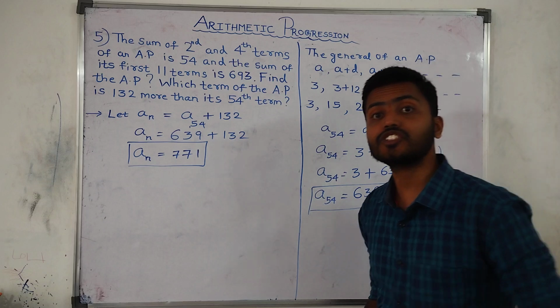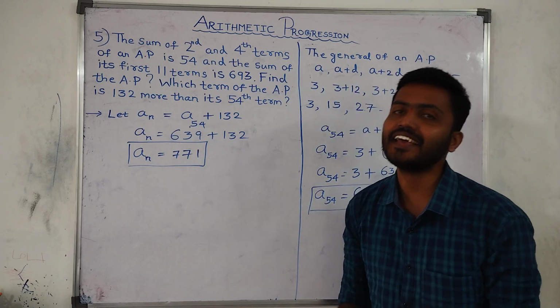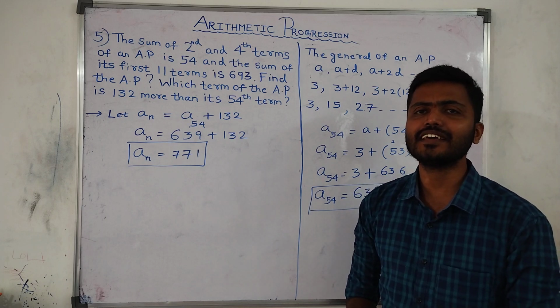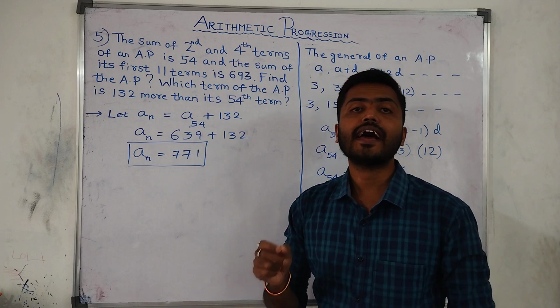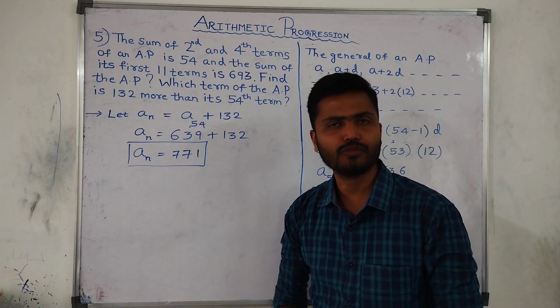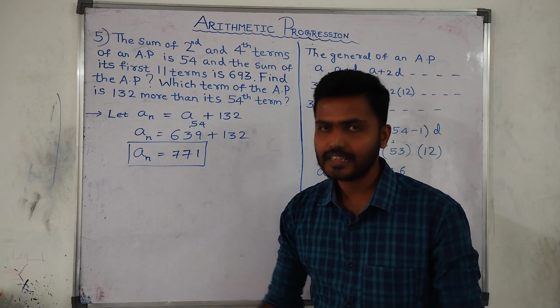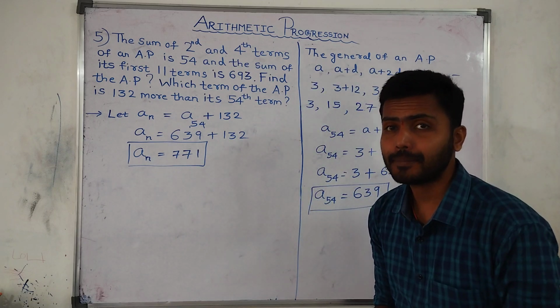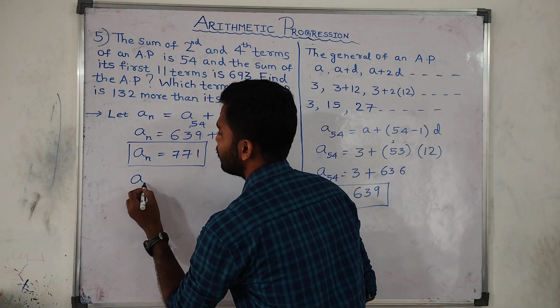So now the question is not over. You have to find which term is 771. Okay, and this seems to be very easy. So now let us write down the formula of nth term of an arithmetic progression. What is the formula, my dear students? Yes, An is equals to A plus N minus 1 into D. Let us write it down.